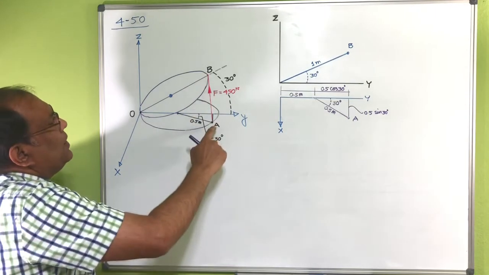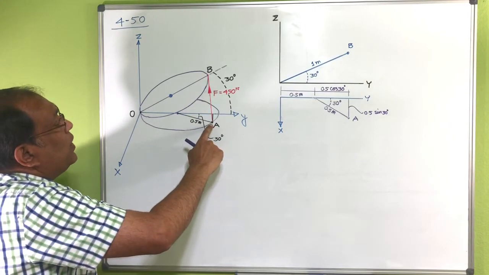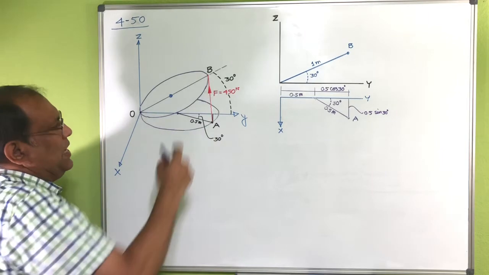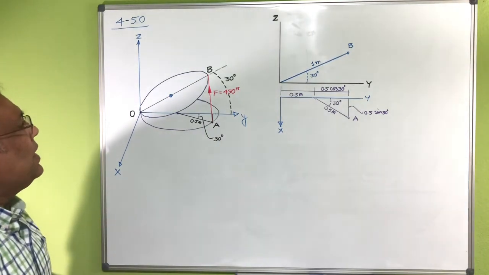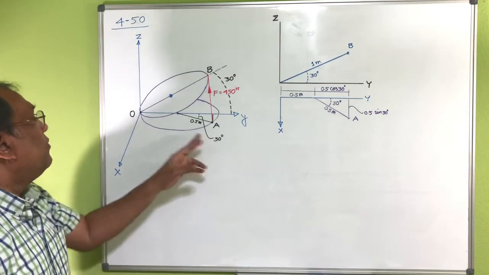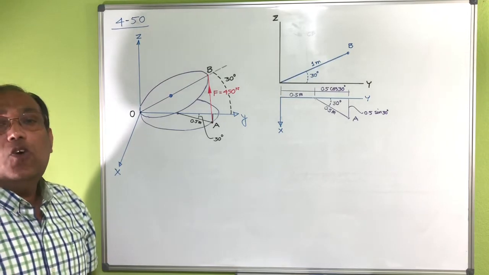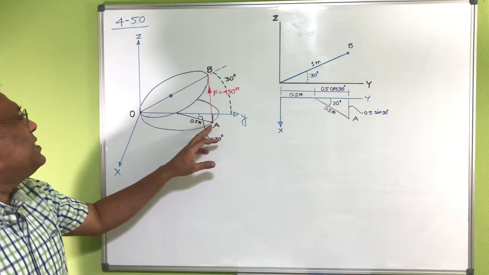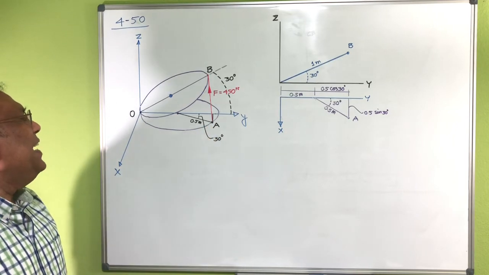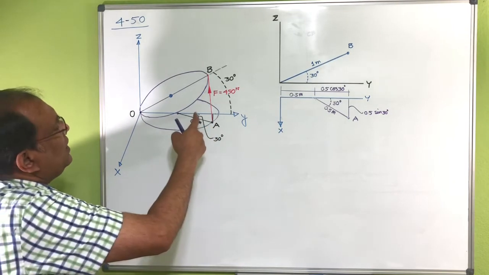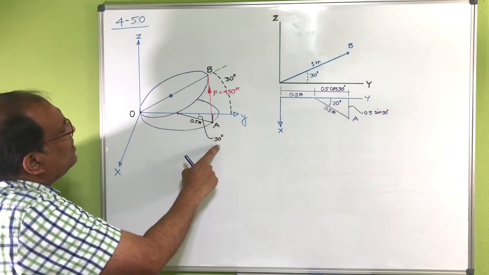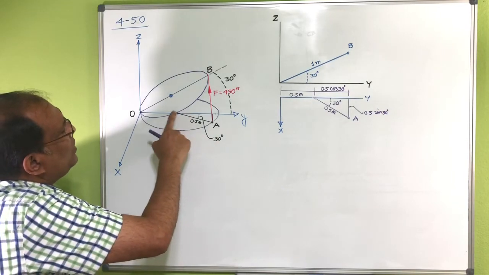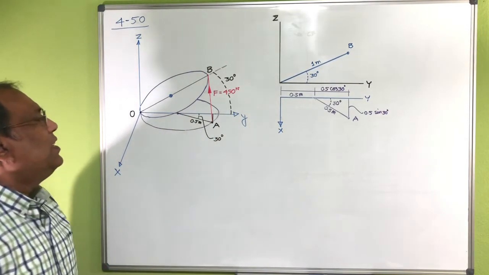If there is a force that's working from A to B, then you have to find the moment of that force about point O, okay? But you can see this location of point A is actually making 30 degrees with the y-axis here.